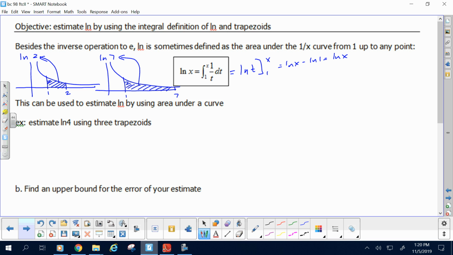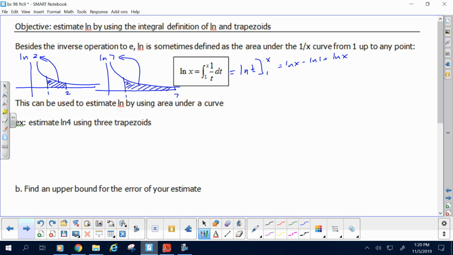Now, that's useful because if you use it in conjunction with trapezoids or some other estimation method, you now have a way of calculating things that normally were done by these crazy long tables. Natural log of 7, in the old days you would look up a table of logarithms and say natural log of 7 is approximately this.